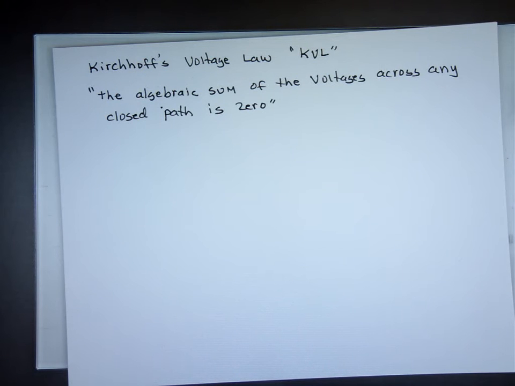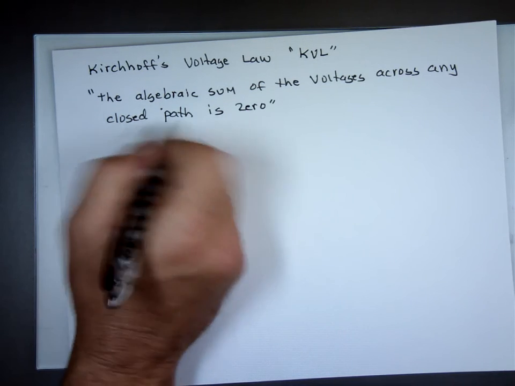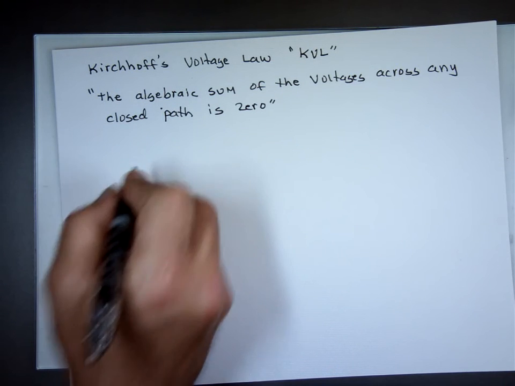The algebraic sum of all the voltages across any closed path is 0. So again, you start from one point, you end up at the same point.